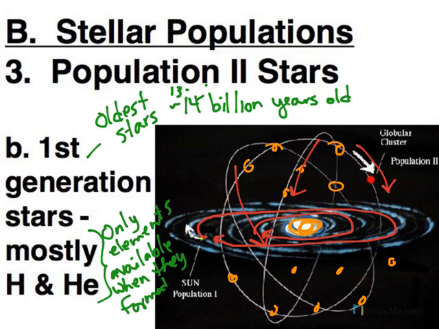It still orbits the central bulge, but they go in lots of different possible paths. So you have different types of motion in population 1 stars versus population 2 stars. You have different compositions between the two, and you have different ages between the two.